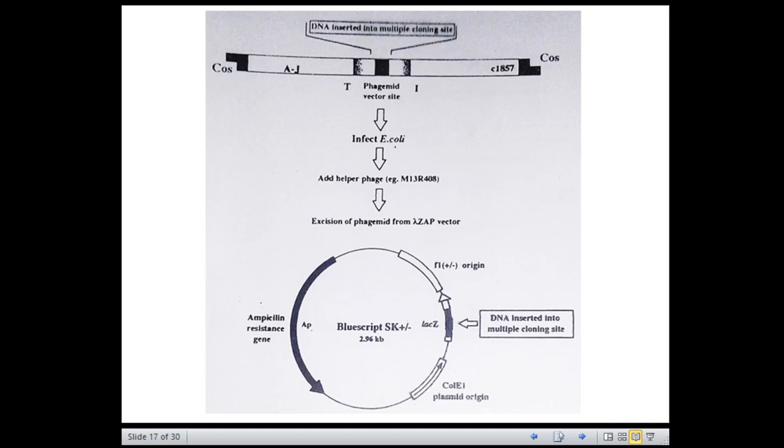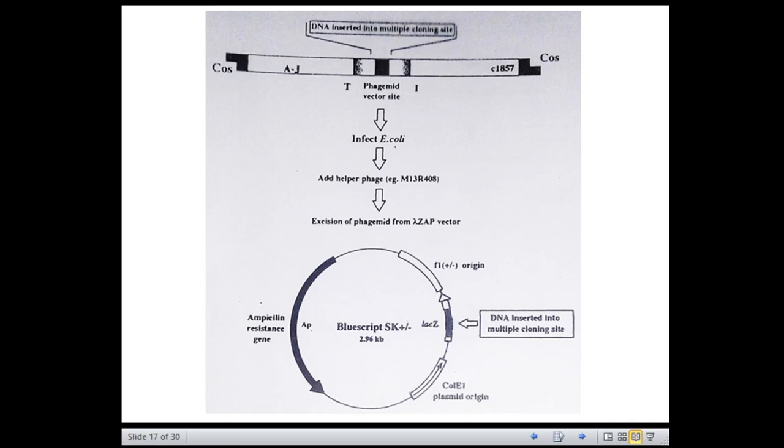Now, what happens during the process of infection? Following infection of E. coli, the DNA initially replicates as a double-stranded molecule, but subsequently switches to production of single-stranded DNA. Now, the resulting virions for infection of further bacterial cells are then synthesized.